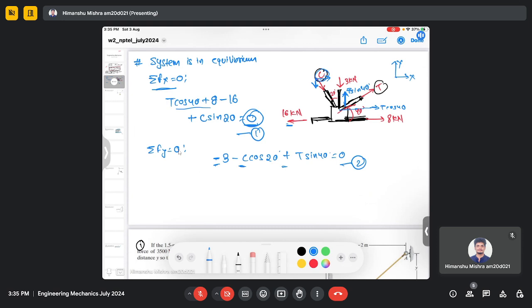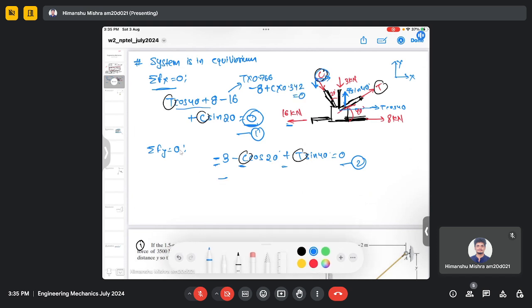So now we have two equations and we have two unknowns, T and C. So we can easily solve this. I can simplify equation 1 as T multiply 0.766 minus 8 plus C multiply 0.342 equal to 0.